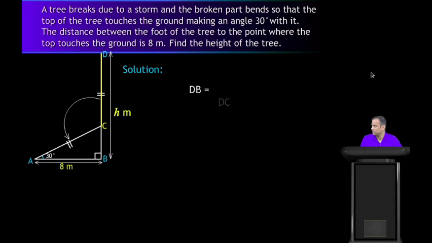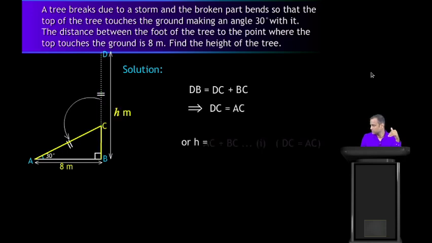Okay, now DB, the total height of the tree, is equal to DC plus BC. And DC is equal to AC. So DB is equal to AC plus BC.